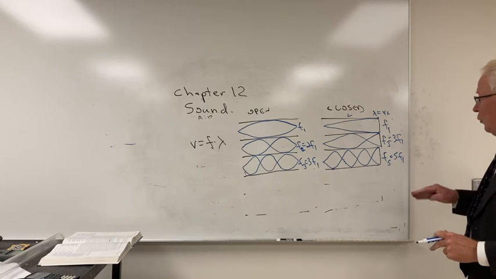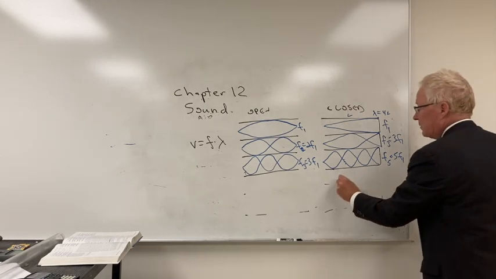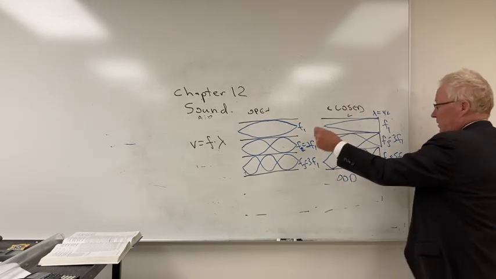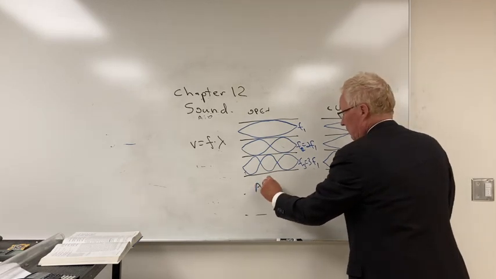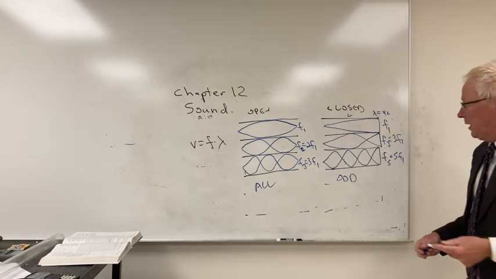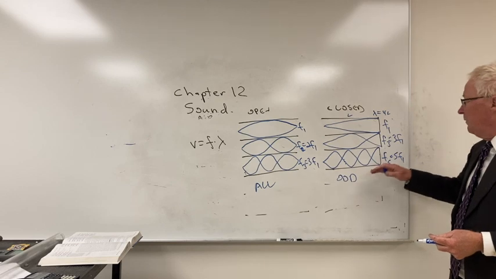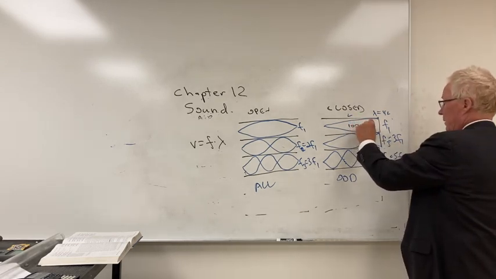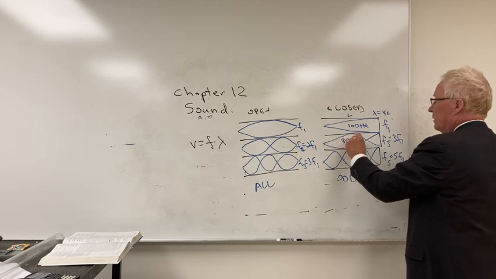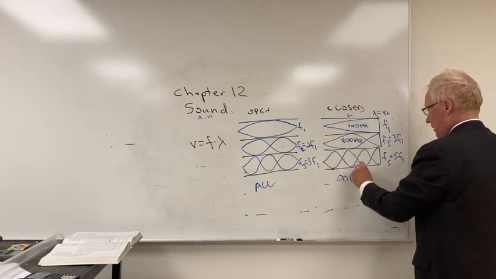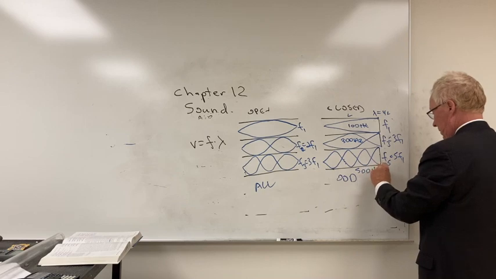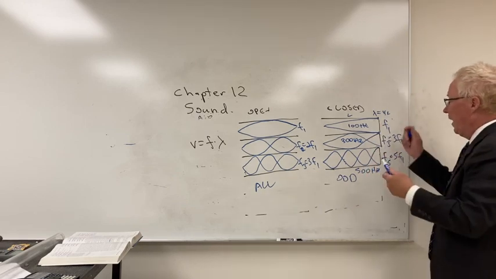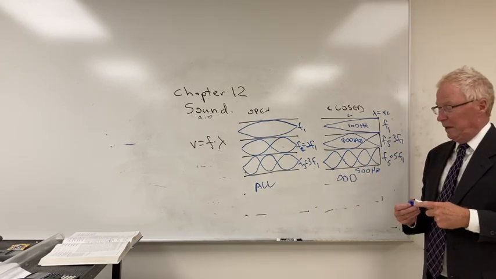So in the closed tube, we only have odd harmonics. For the open tube, we have all harmonics. For the closed tube, we only have odd harmonics. So if this one is 100 hertz, then the next one will be 300, and the next one will be 500. So in a closed tube, we only get odd harmonics that will resonate in there.